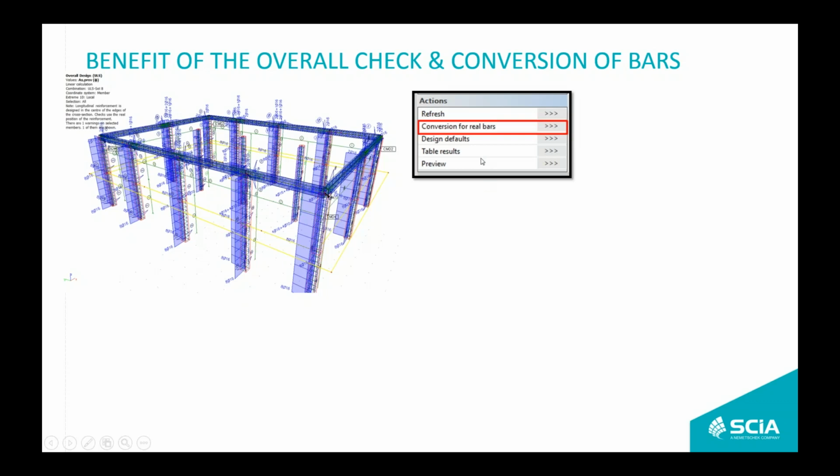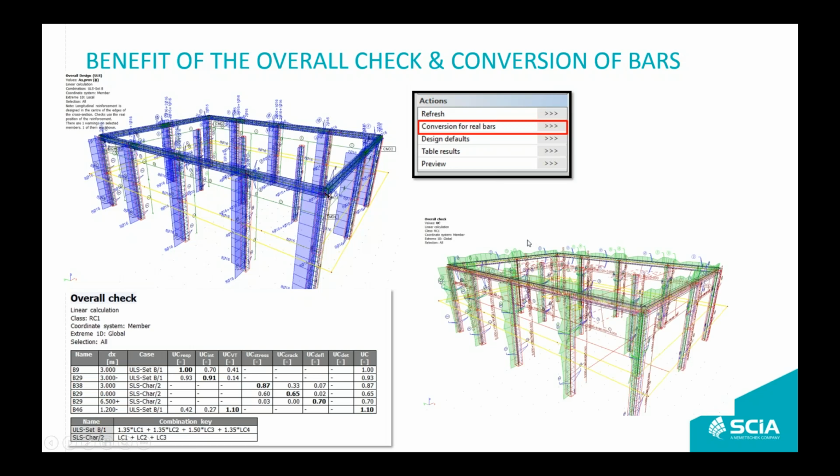You can convert this required reinforcement into real bars that will be displayed as user-defined reinforcement in the model, and straight ahead you can execute the overall check, and you will see all the different kinds of checks that were enabled and the overall verification with the corresponding value.